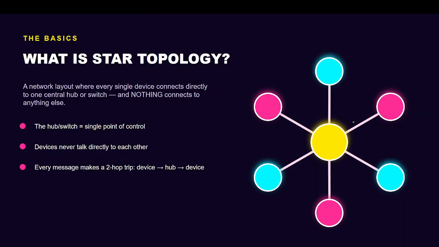In star topology, all the cables run from the computers to a central location. You can see here where they are all connected to the main hub. The central device is called a hub.